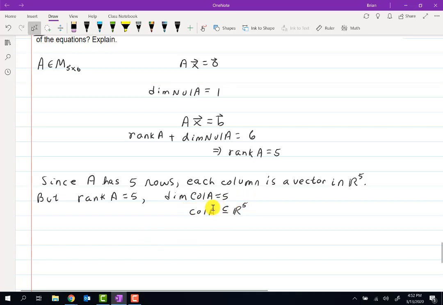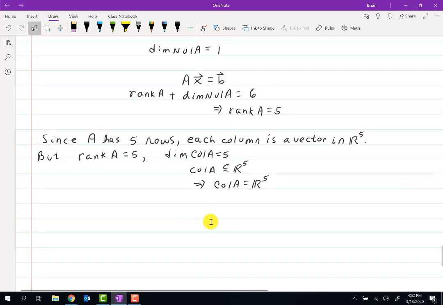So this must mean that the column space equals all of R to the 5. So no matter what we put on this side, it's going to be a vector in R5. Well, I just found out that the column space of A is all of R5. That means that it spans all of R5, no matter what B is in.